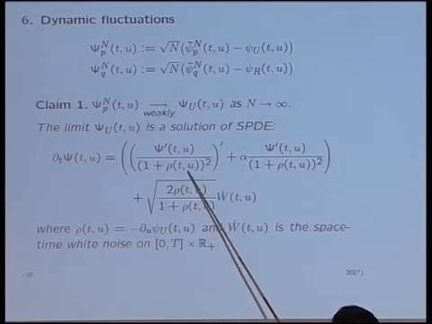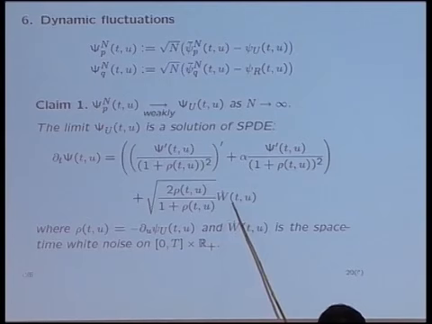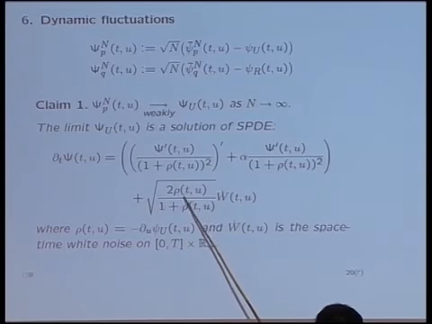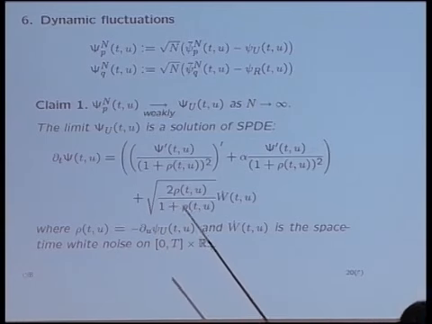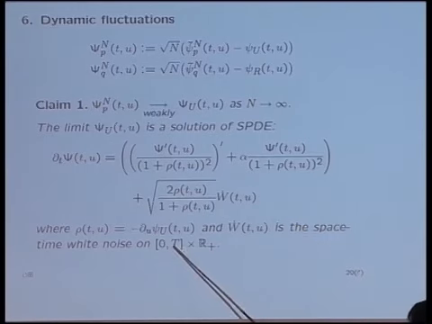Some coefficient comes in, but otherwise this is an Ornstein-Uhlenbeck type process. And also the noise term has some coefficient, which is explicitly given by the solution of the nonlinear PDE. And W dot is a space-time white noise on this space.